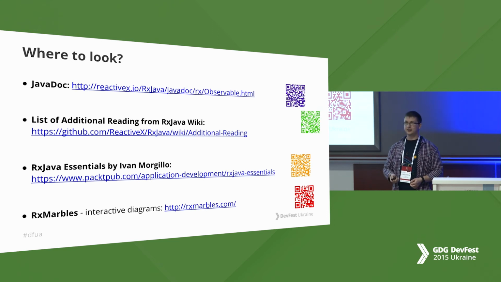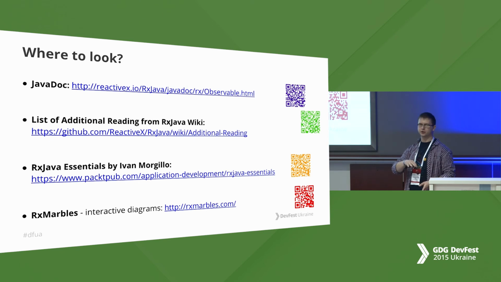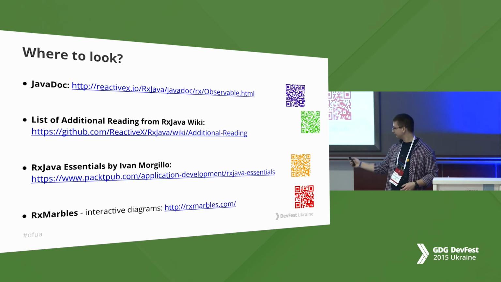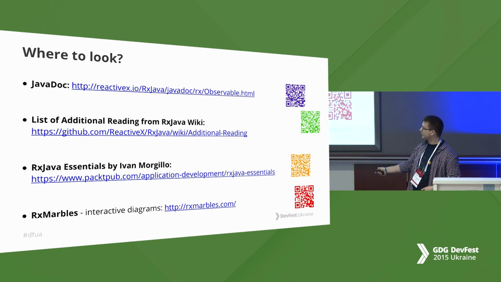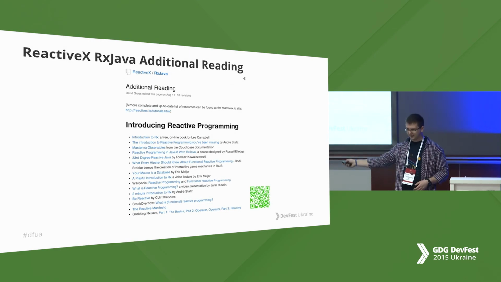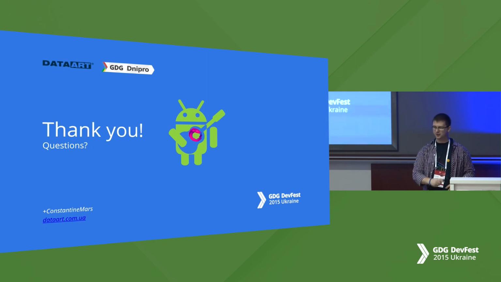And in case you don't understand those awful things with merge and other strange things with multiple observables, just look at RxMarbles. Here are great diagrams that give you the ability to drag some events on the timeline and see what happens there. So I think it's a great start. Additional reading, okay, it's not useful. Thank you very much.